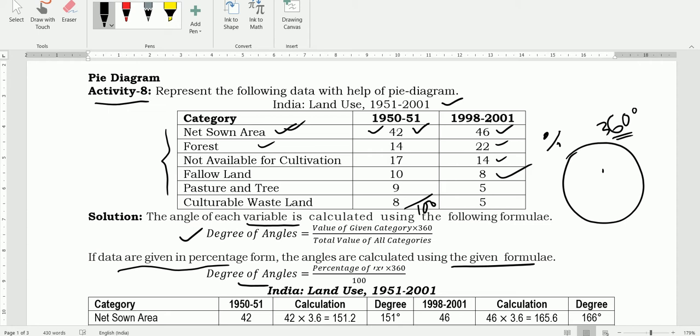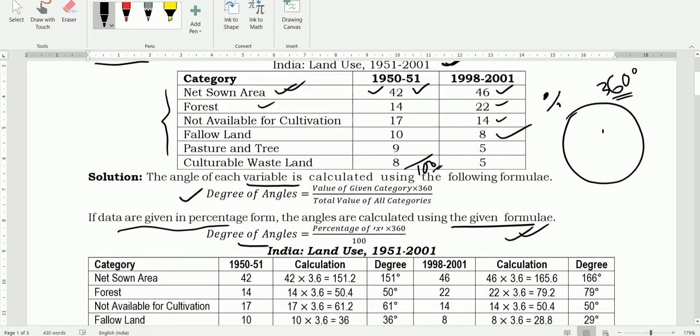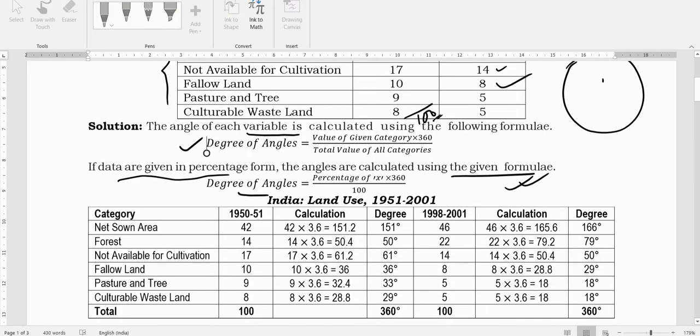Since it is given in percentage, the total is 100, so it is to be divided by 100. In activity 8, the land use data are given in percentage, and we have to use the second formula: percent of X multiplied by 360 divided by 100.